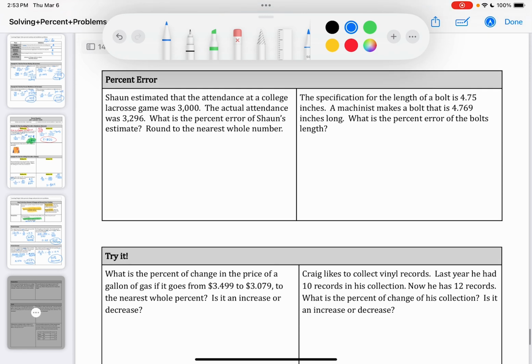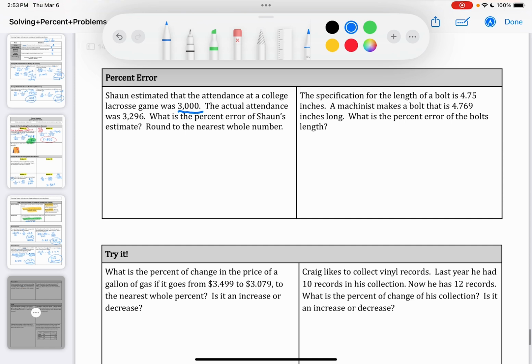All right, percent error. Sean estimated that the attendance at a college lacrosse game was 3,000. The actual attendance was 3,296. What is the percent error of Sean's estimate? Round to the nearest whole. So we want the difference between the two, 3,296 minus 3,000. And this is where we need to figure out the actual versus should be. The real amount was 3,296.